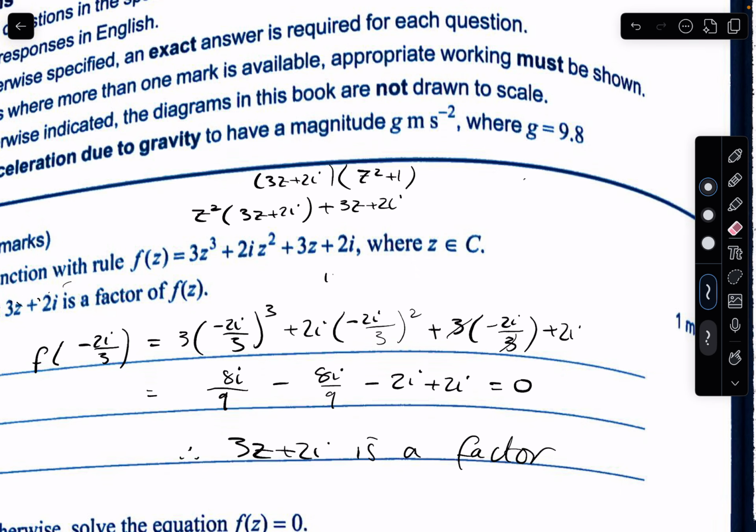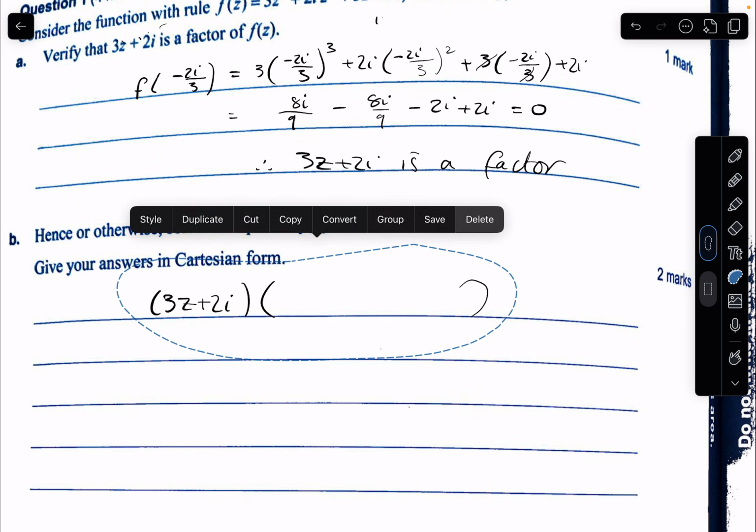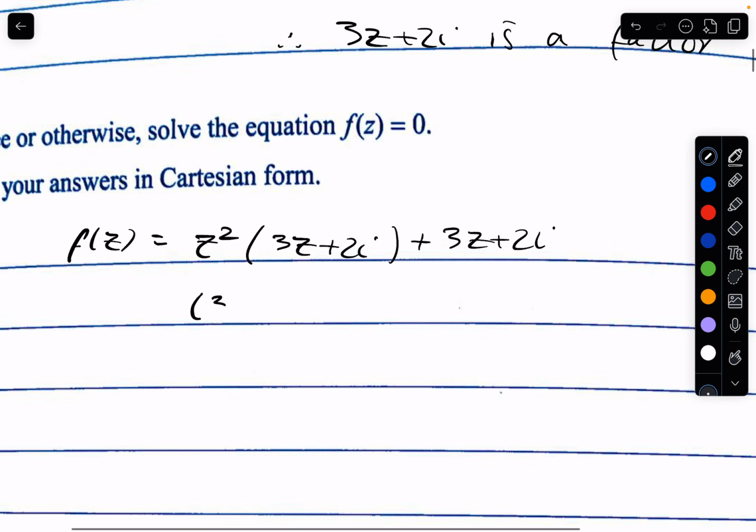So let's just write that as working out, because it says hence or otherwise. So we can say that f of z is equal to z squared times 3z plus 2i, plus 3z plus 2i. And then we can take 3z plus 2i as a common factor, and then we've got z squared plus 1, right?